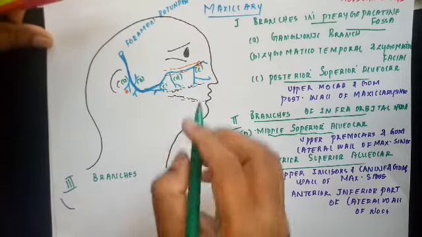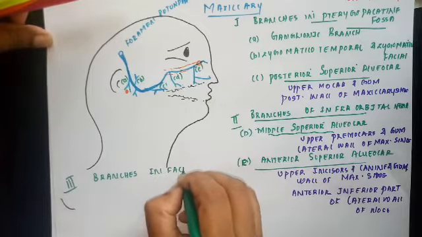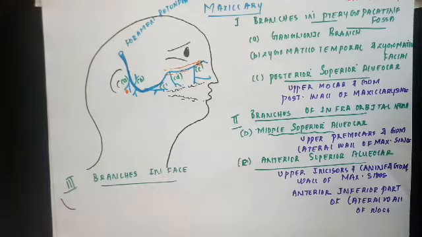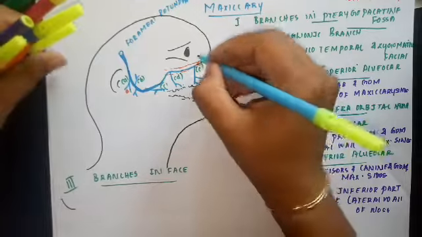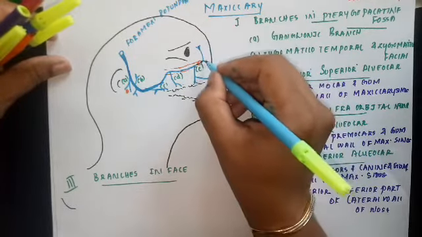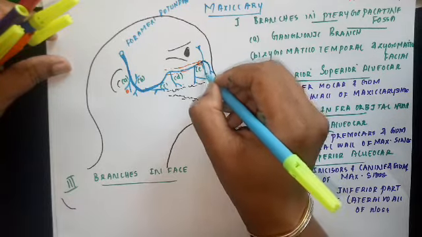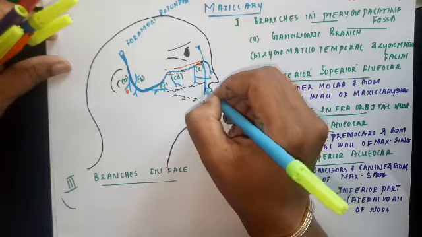After coming out of the infraorbital foramen in the face, it divides into three terminal branches: one is the palpebral branch, another is the nasal branch, and another is the labial branch.